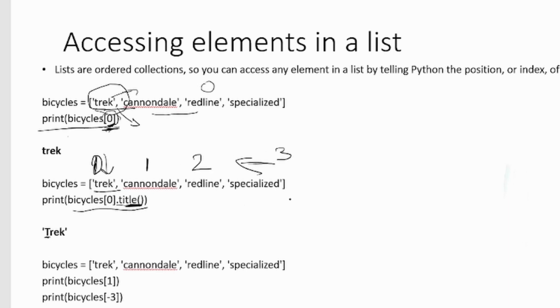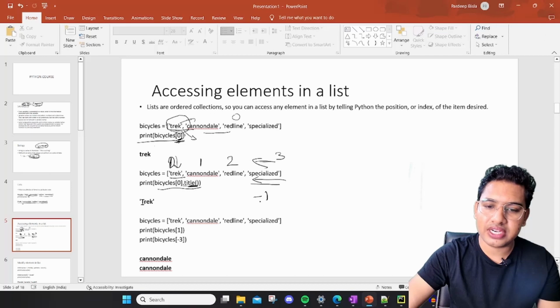If you want to access an item from the reverse side, you can do that using negative indexes. The last item is at -1 index.